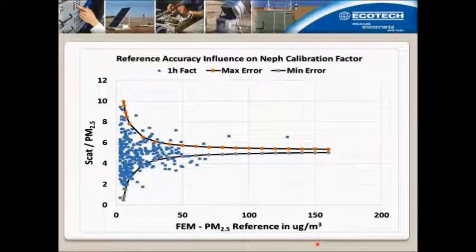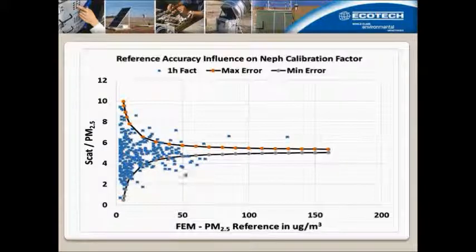The error bars you saw in that picture are basically caused by the federal equivalence method. I looked into the data from the federal equivalence method and calculated the error trumpet for that, and you see that the ratios you gain here are basically filling that allowed space pretty well.